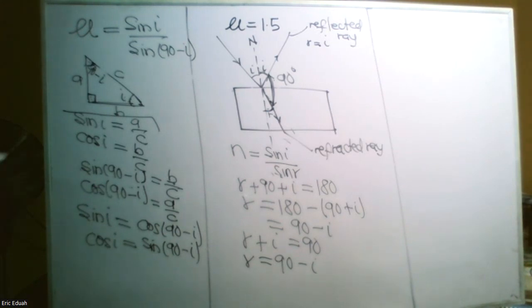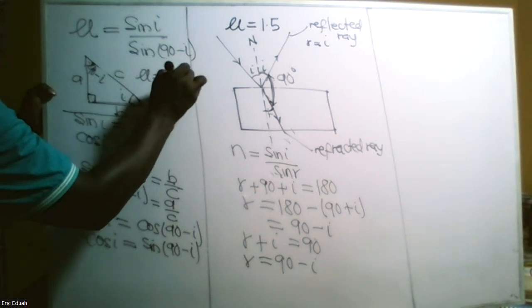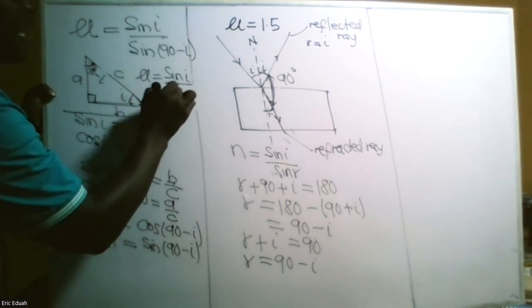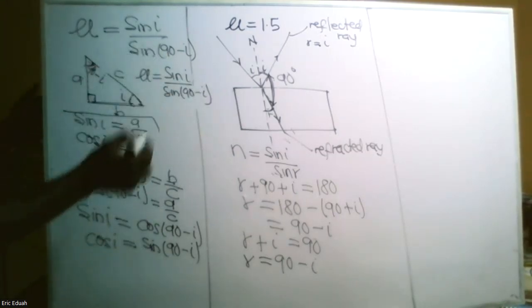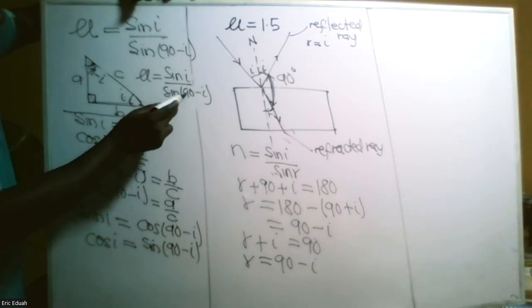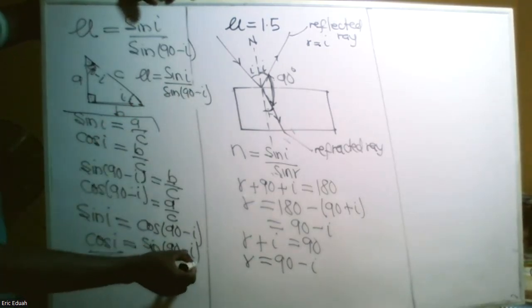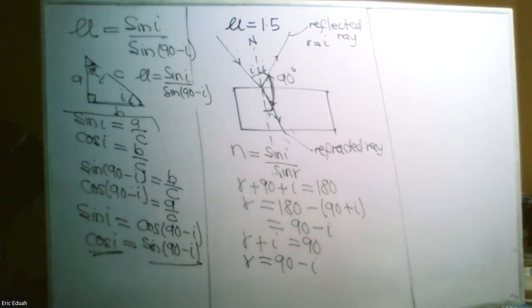So look at it. I have refractive index equal to sine I over sine of 90 minus I. I've been able to deduce that sine 90 minus I is equal to cos I. So in place of sine 90 minus I, I'm going to put this. Please, are we okay?